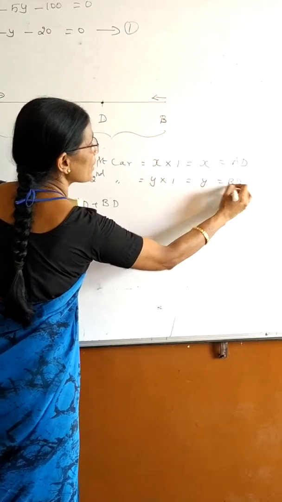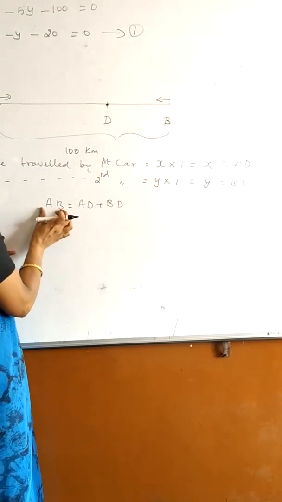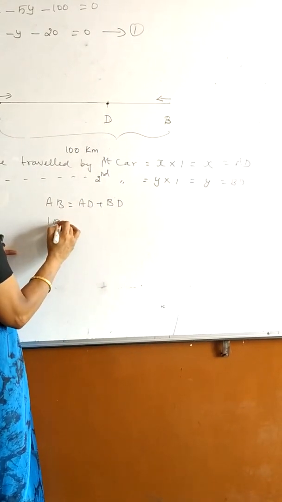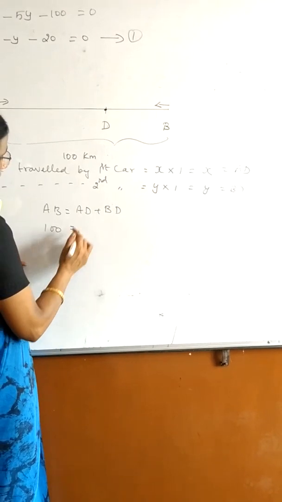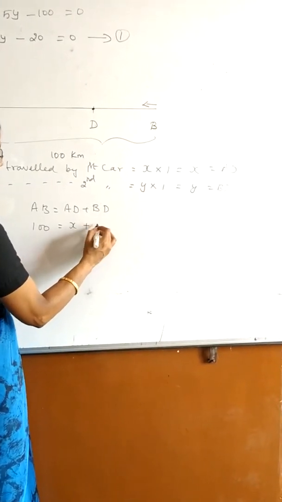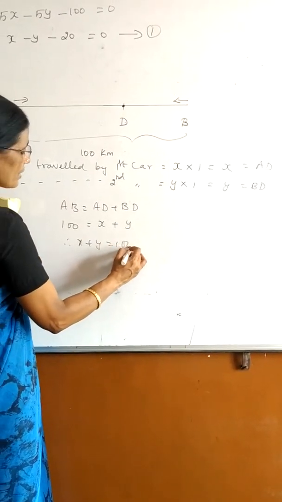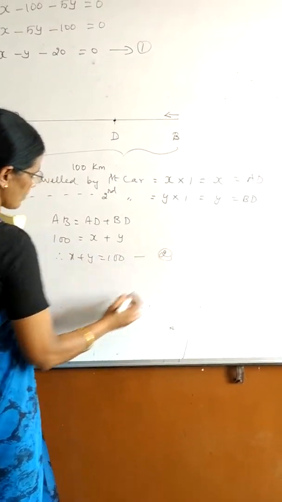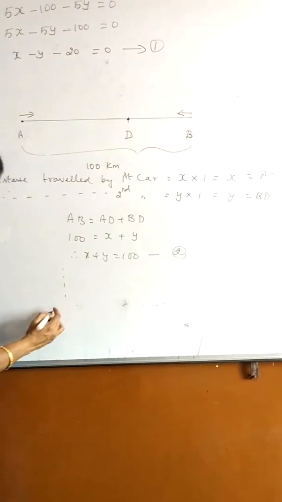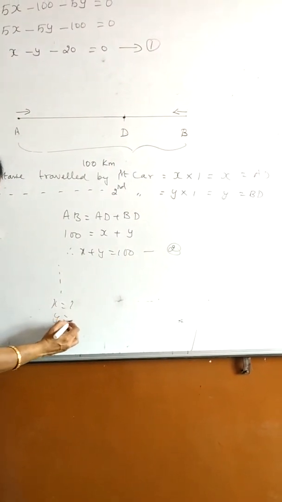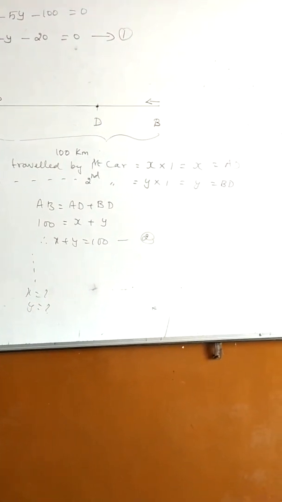AB is the distance between the cars, given in the question as 100. AD we have found is x, BD we have found is y. Therefore, x plus y equal to 100 is the second equation. Solve the equations, get the values of x and y and conclude the answer with the proper unit, kilometer per hour.